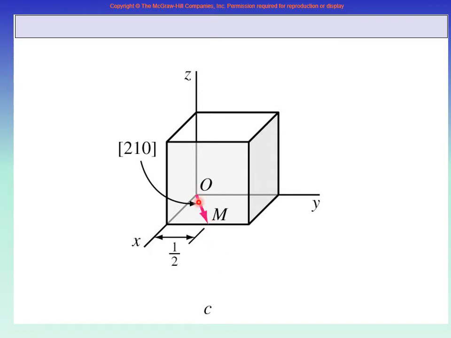This one, to be very correct, is 1, half, 0. But because we have a tradition that in direction indices, in crystal structure, we want to remove the fractional numbers, we call this one 2, 1, 0. So it is technically correct, the direction is the same, only that the length of the vector will be increased. We are not worried about the length of the vector here. We are just worried about the direction.